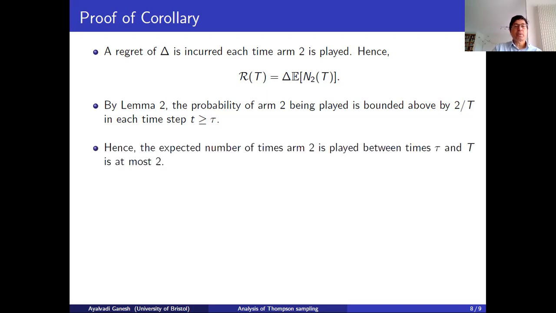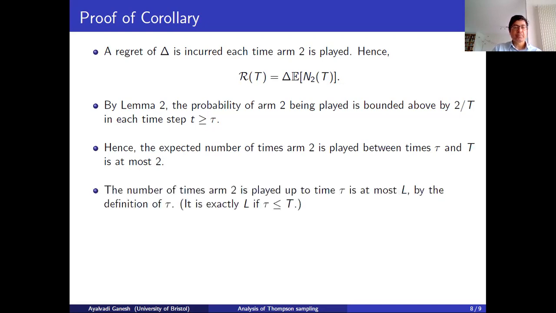So adding up 2 over t, t minus tau times, the expected number of plays of this arm after time tau is at most 2. And if tau has not even occurred up to time T, then of course this is 0. So the upper bound of 2 still holds.